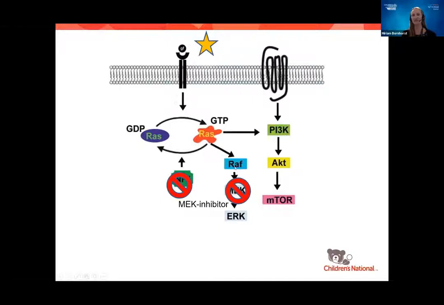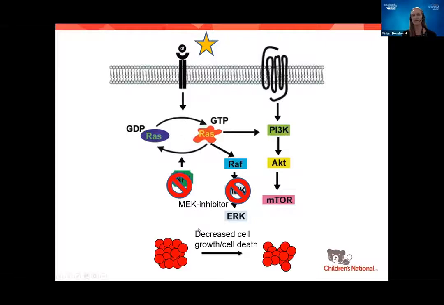So the signal will get to a certain point, but now we inhibit the signal here instead of up here. And then you have decreased cell growth, and sometimes you can even have cell death, because this can also sometimes tell cells that were abnormally growing that they're not supposed to be there, and they will have cell death, which is how the tumors can sometimes shrink as well.